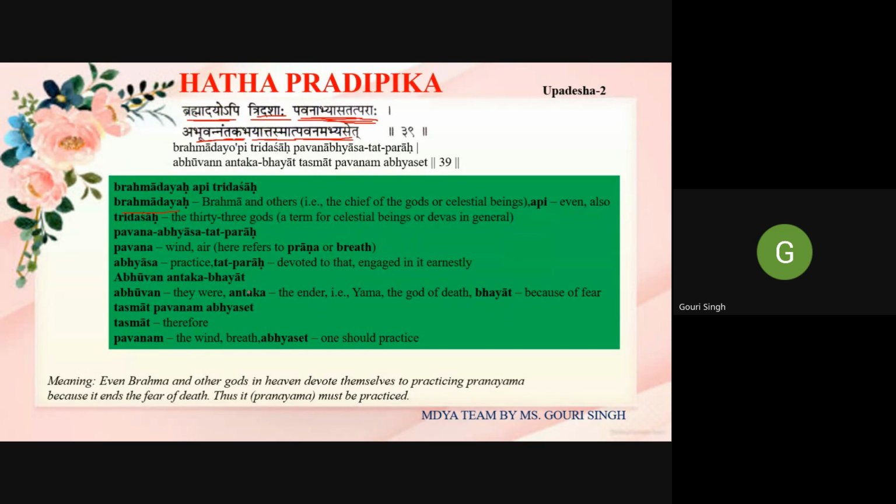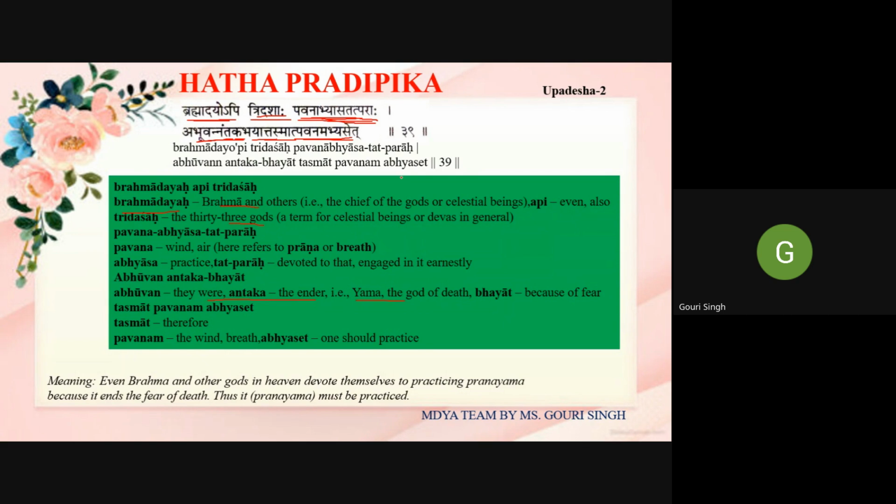Abhuvan antaka means there is no end, and Antaka means the one who takes our life, Yama, the god of death. So no death occurs for them, since Brahma and the 33 gods are controlling their breath by practicing pranayama.